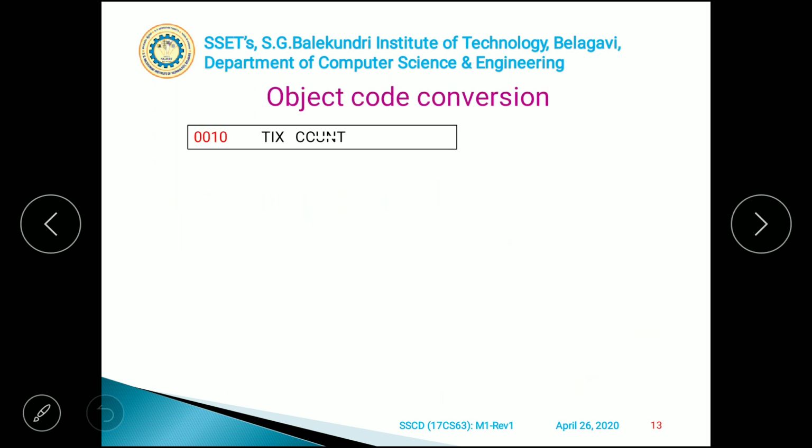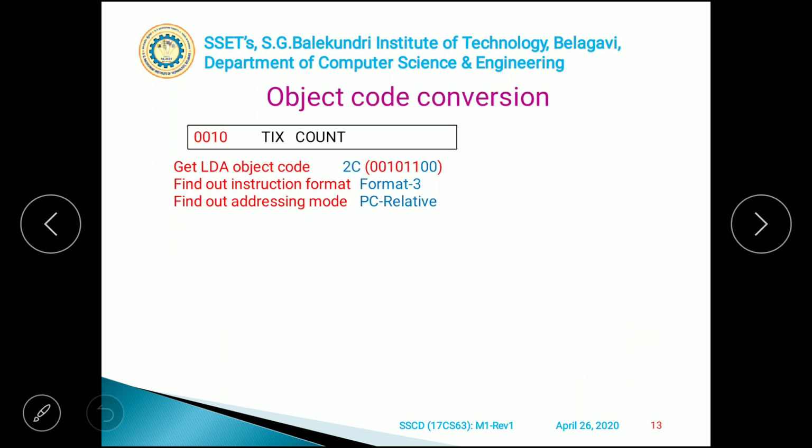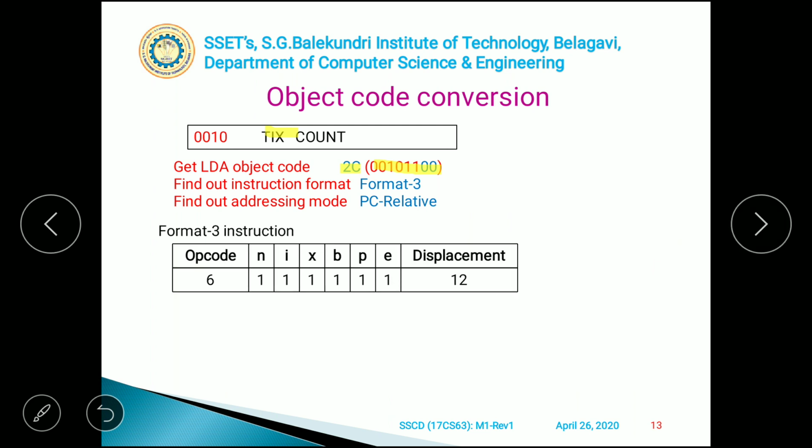And similarly for the next instruction, this is TIX, the opcode is 2C, and it is a format 3. Now after the TIX instruction the PC will be at 13. That's why we have given the PC as 13, and the count is at target address 20.